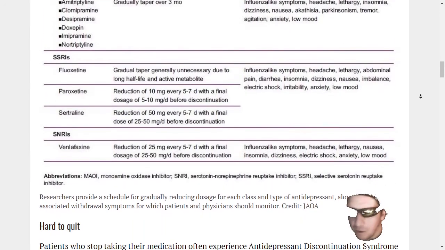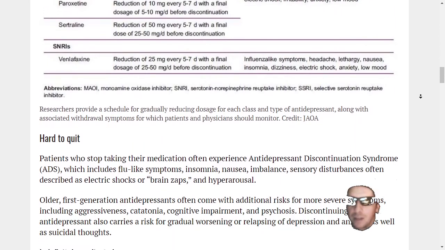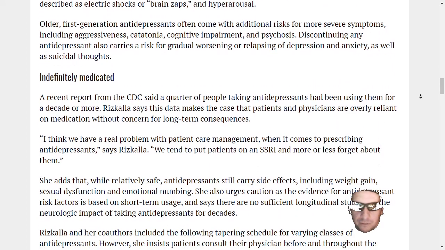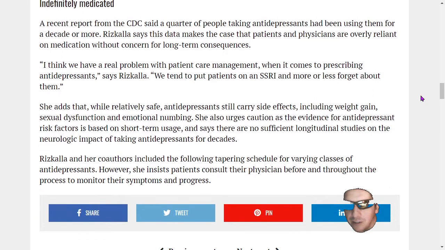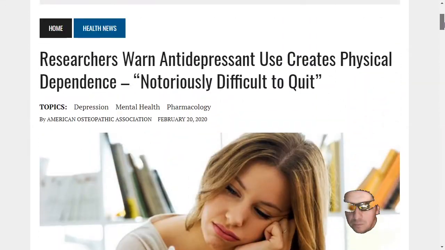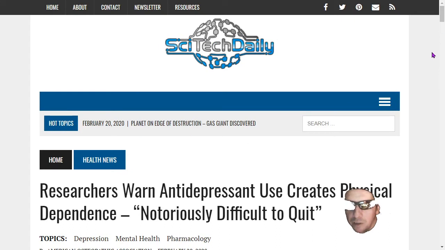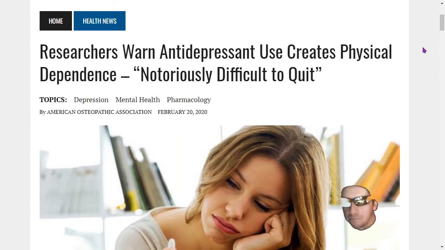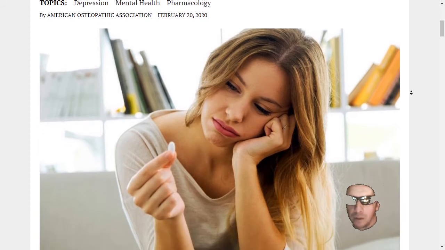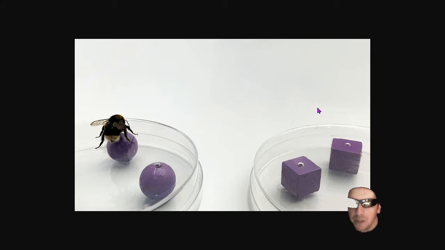Maintenance doses of psychological medications are designed for short-term use, not over years and years. And we will leave links to the article here from SciTech Daily about antidepressant use. It's a huge problem in the US, where a lot of people would prefer to take a pill than address their behavior.